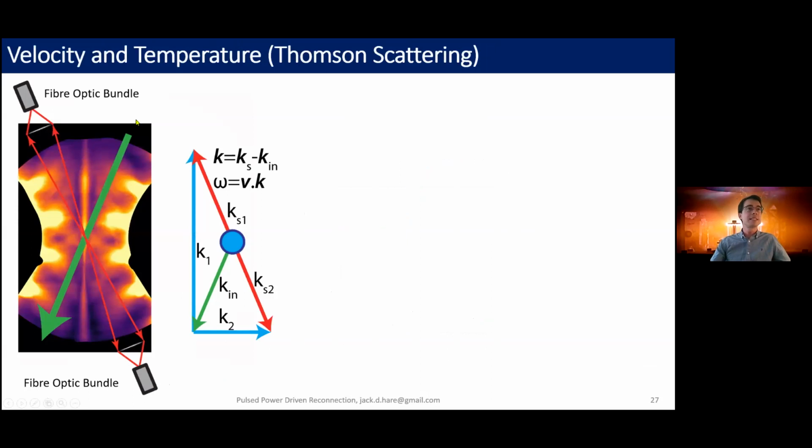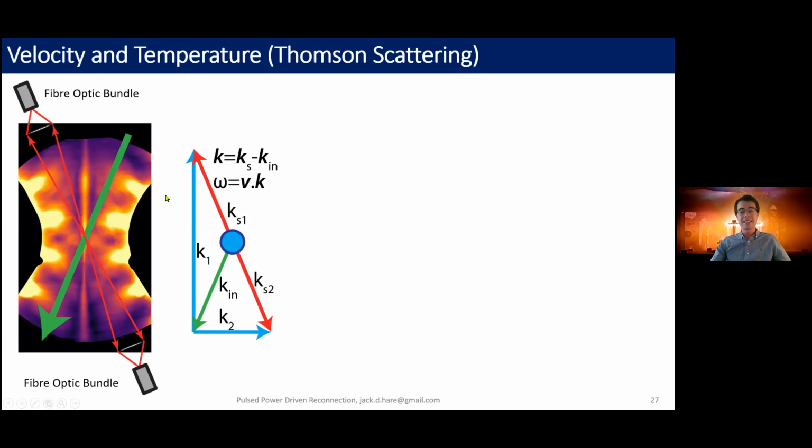So when we do Thomson scattering, we fire a focused laser beam through the plasma and we collect the scattered light. In our experiment, we collect the scattered light using 2 fiber optic bundles on opposite sides of the vacuum chamber. And what's actually going on inside the plasma here is that the incoming photons from the laser beam are scattered by some mode inside the plasma so that they exit in the outgoing direction.